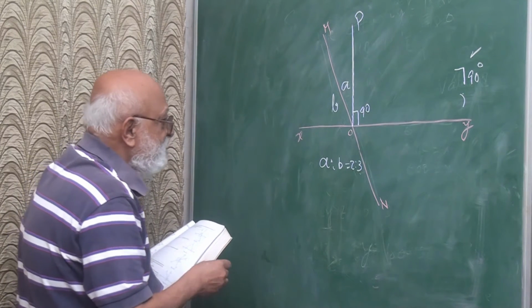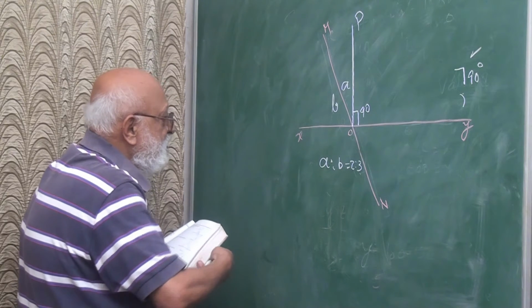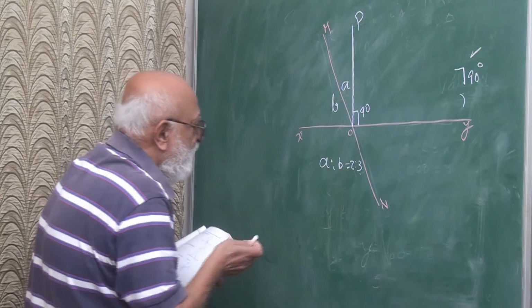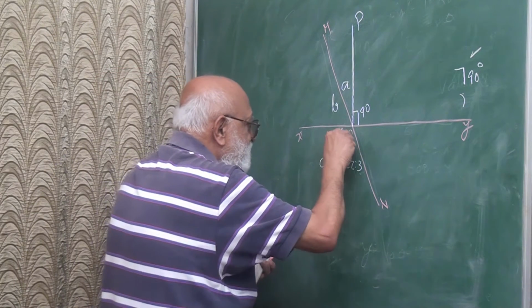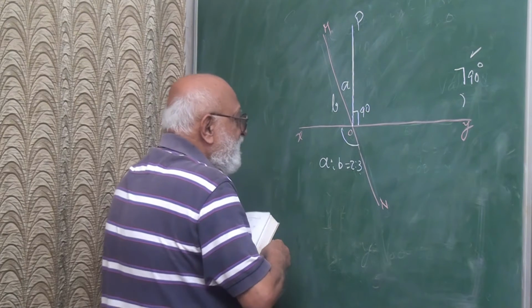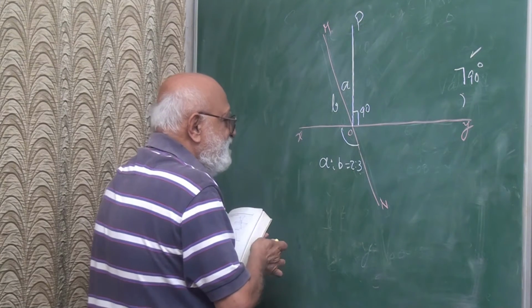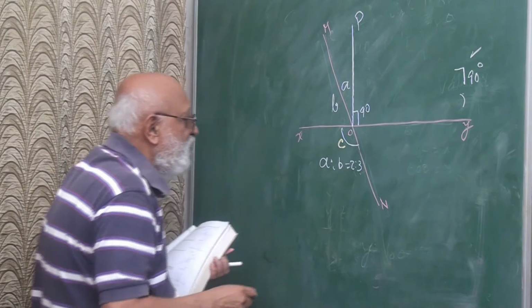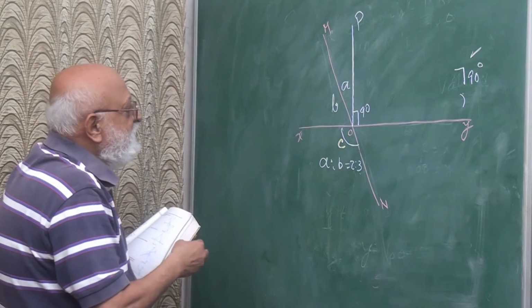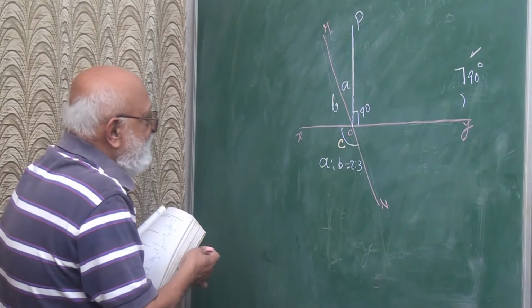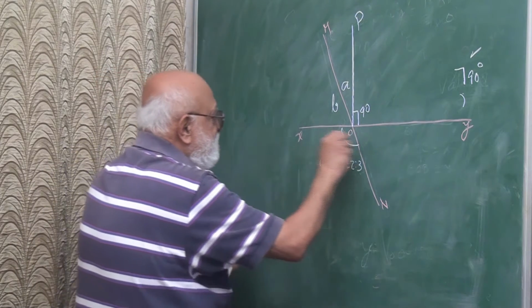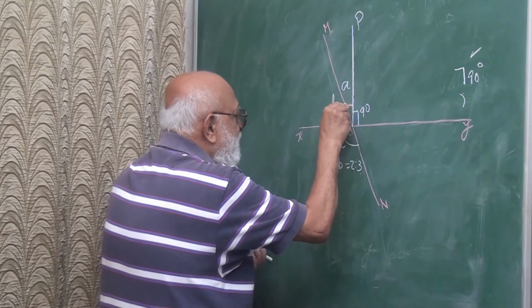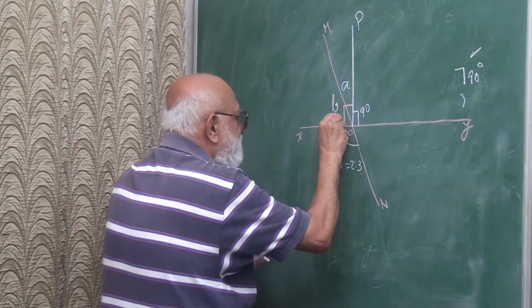Find C. I have to find this angle, which is given as C. So you don't have to worry, you don't have to name or use X and Y. It's given. Since this angle is 90 and this is a straight angle, this angle would also be 90, right?